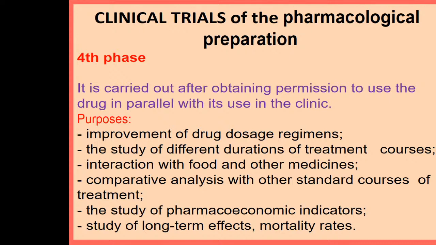It's very, very important because some negative effects appear in a few years, and within primary clinical trials we are not able to investigate it. But in several years we can see that there are negative effects.